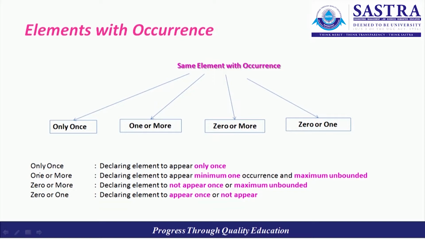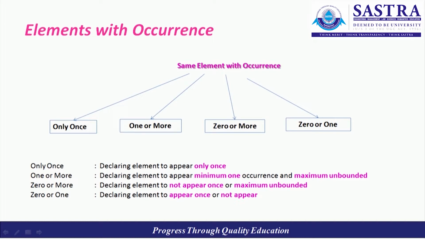If an element is written in an XML document n number of times, it is one of the important constraints that we have to set for an element: how many times it should appear in an XML document. Especially for record keeping work, the element can be repeated more than once, but it is the same element, that is important here. The same element occurrences can be specified in the document type definition.